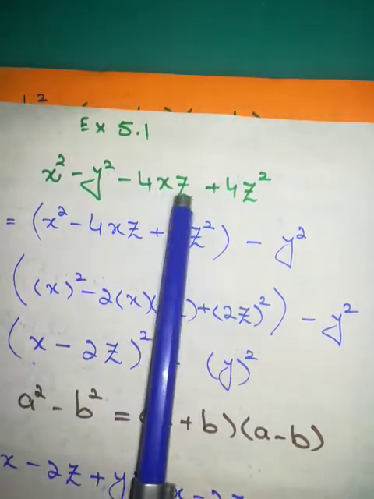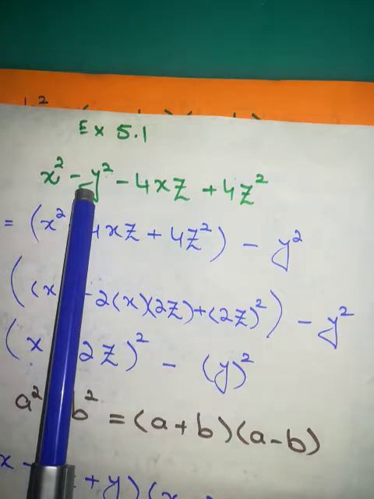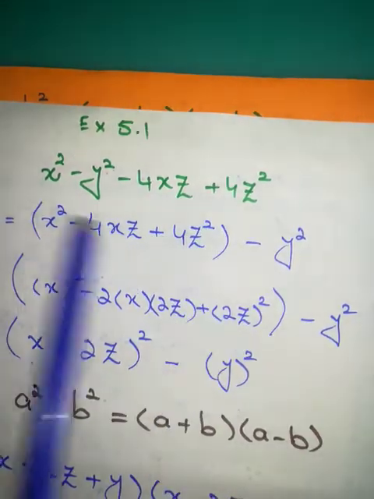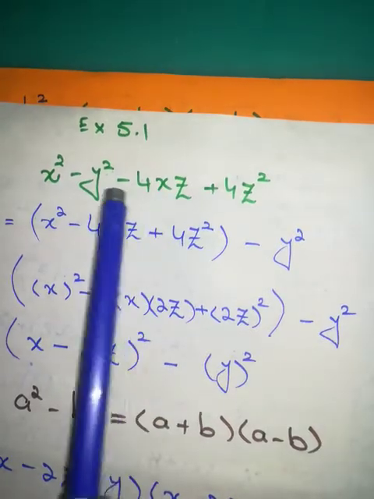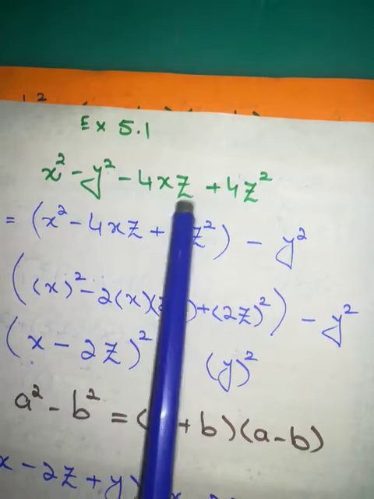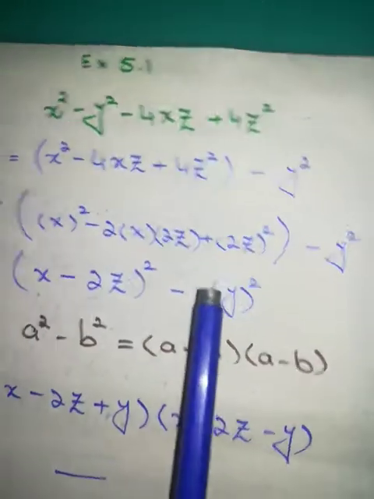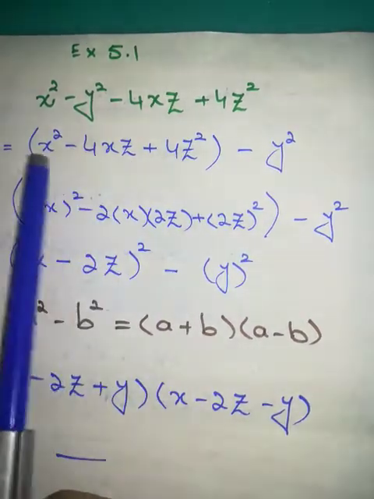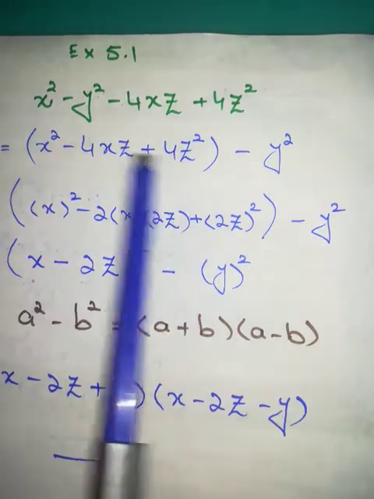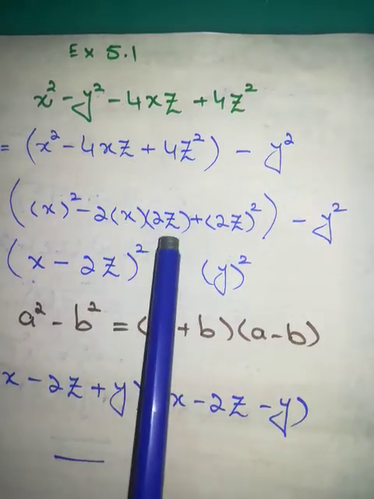So for the product xz we combine the x and z variables, not y, because the product is also compulsory in the bracket. So I combine x square minus 4xz plus 4z square, and minus y square is separated so that its product can also be obtained.